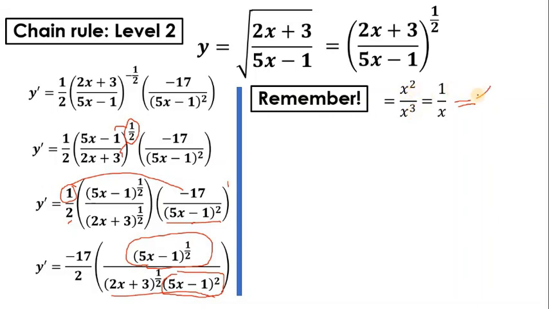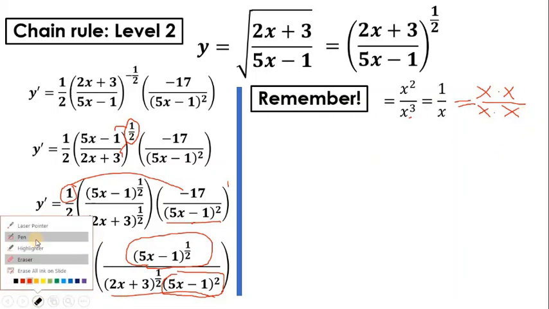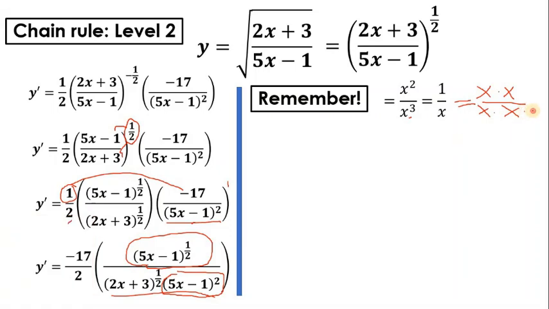So take note that in the numerator you have x times x, 2 x's, right? All over, how many x's in the denominator? We have 3. So x times x times x.